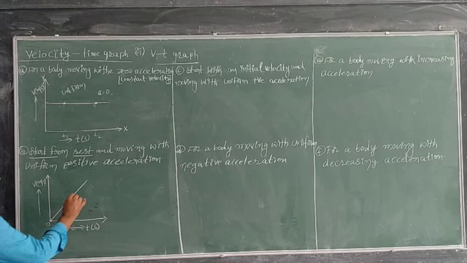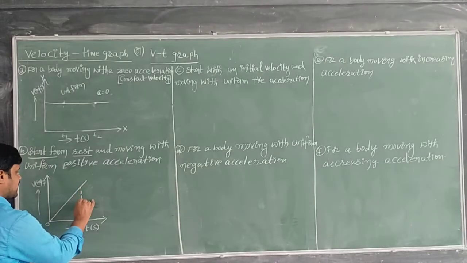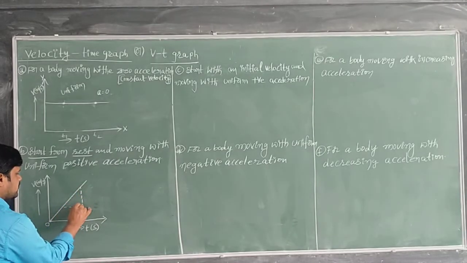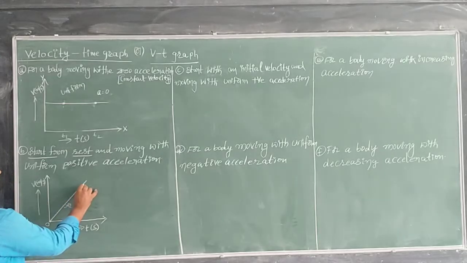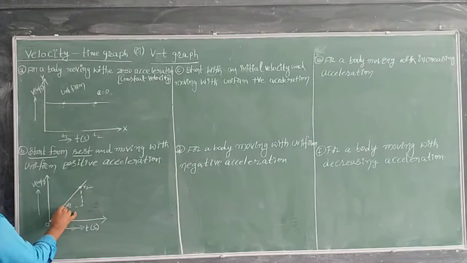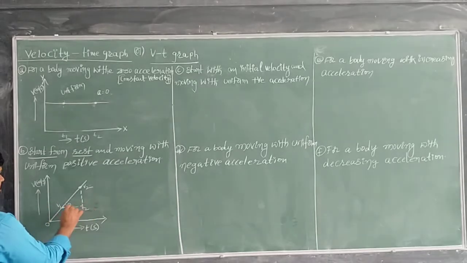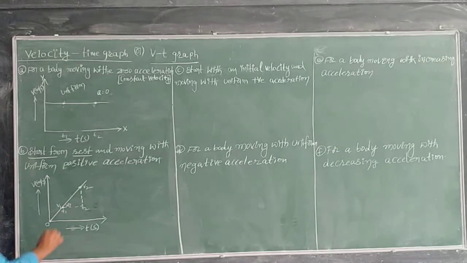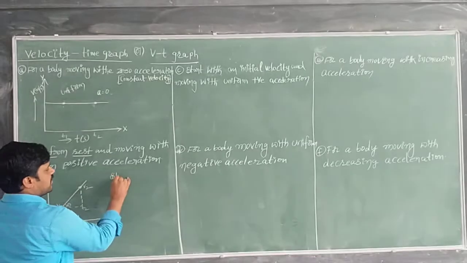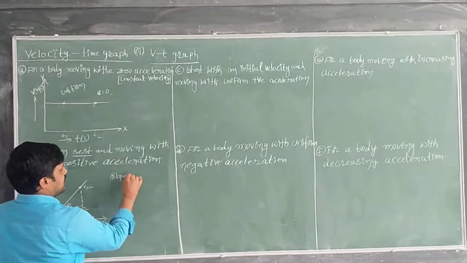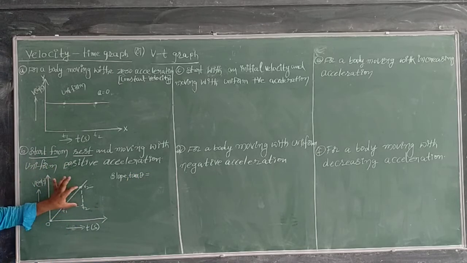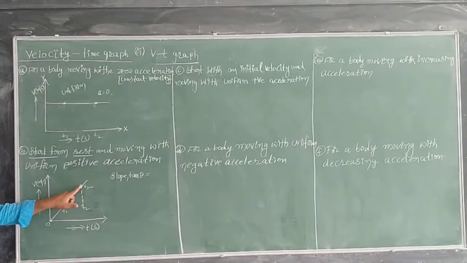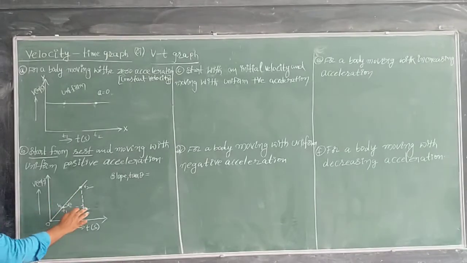Why this is uniform acceleration: take any 2 points and measure the slope here. This is velocity v2 and here it is velocity v1. Next, here is time t2 and here is time t1. So the slope, tan theta, is equal to opposite over adjacent.